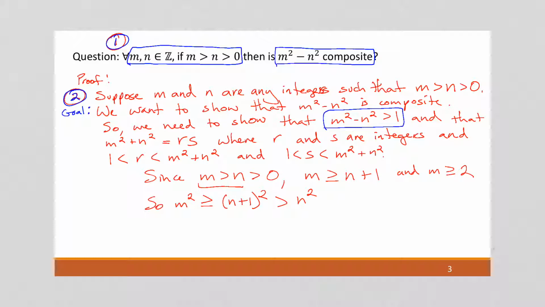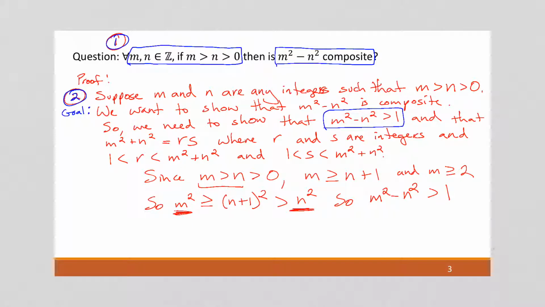Right? Because remember, n is at least 1, which means n plus 1 is at least 2. And so this is always going to be bigger than n squared. So if m squared is bigger than n squared, then their difference will be greater than 1.